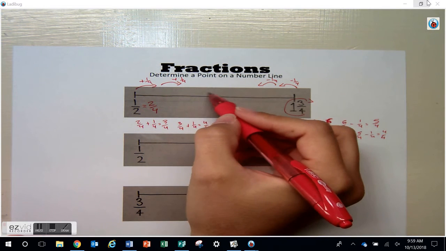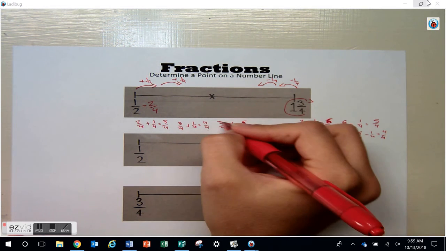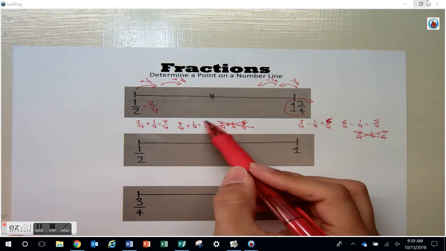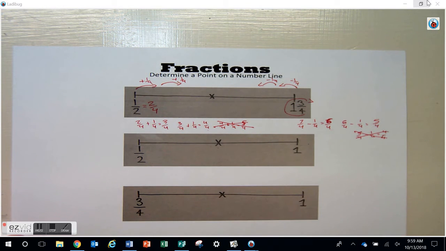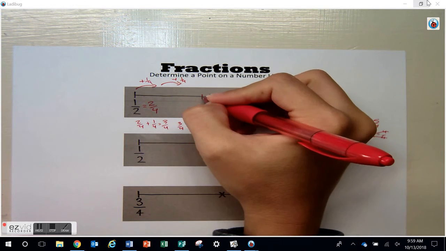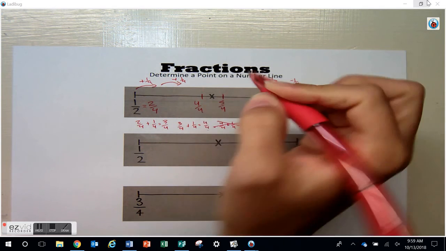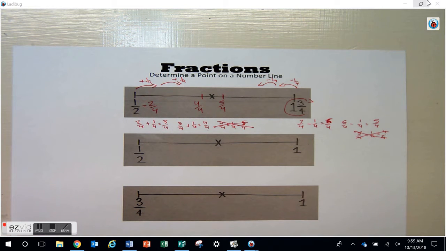So now I'm at 4/4 and I'm at 5/4. How in the world am I going to find something between 4/4 and 5/4? Well, I guess I could break it up into smaller pieces. What smaller pieces could I use?